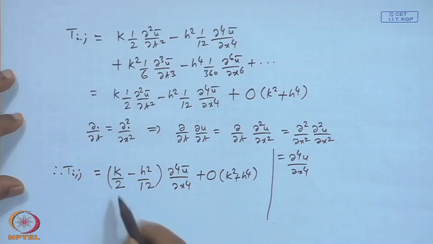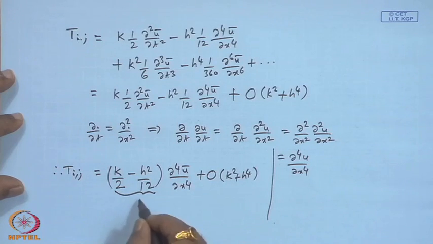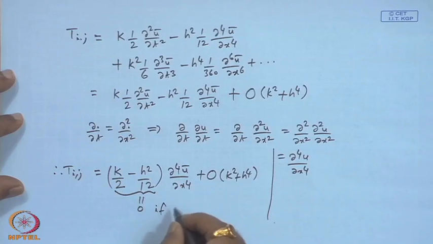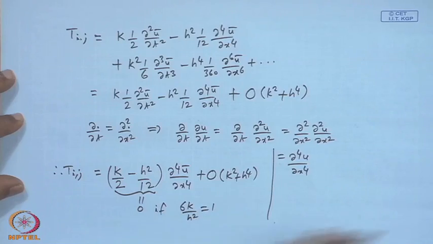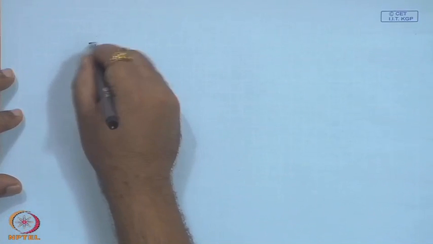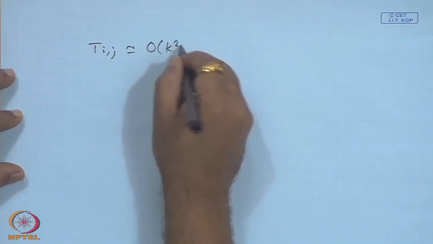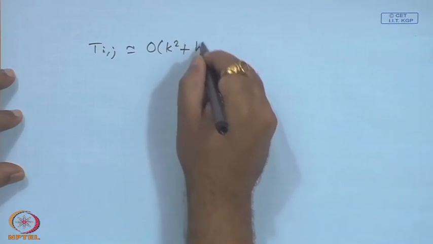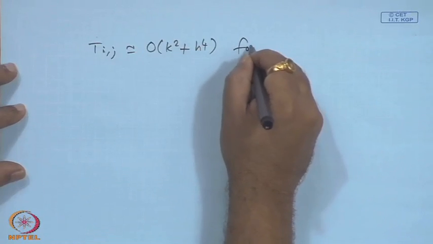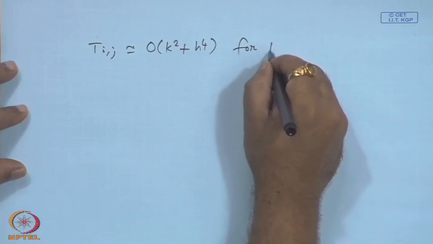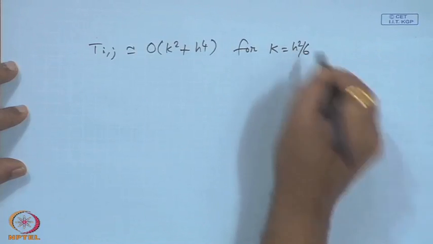Now force this to be 0. This is 0 if 6 k by h square equals 1. In other words, T i j is of order k squared plus h 4 for k equals h square by 6.